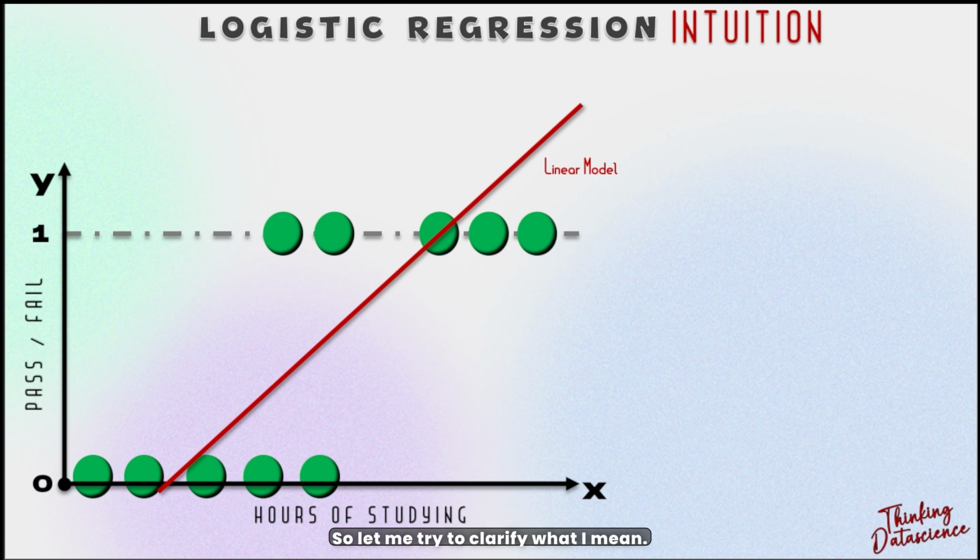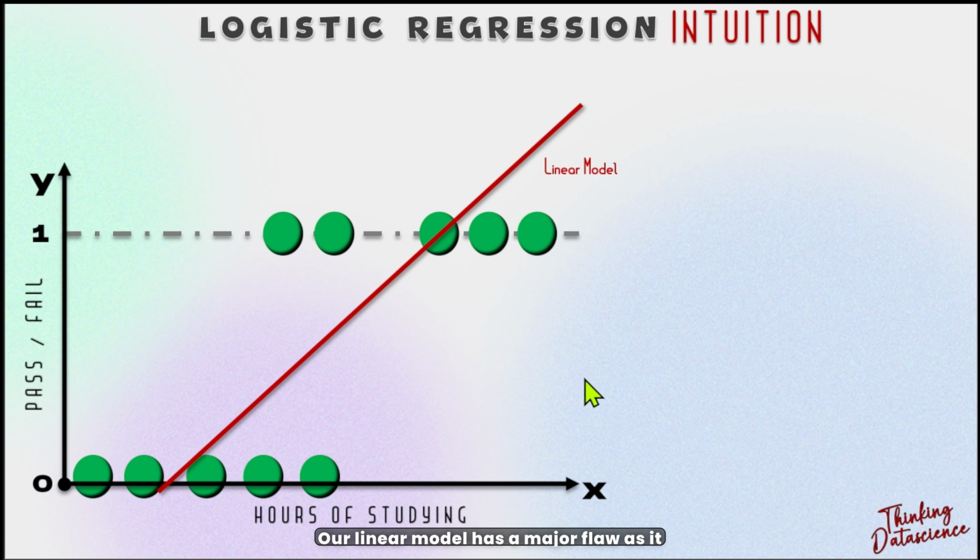Let me try to clarify what I mean. In our system, the output can only be 0 or 1. We do not have any value in between such as 0.5 or 0.7. The continuous nature of such values is not required in our case. So our output is bounded between 0 and 1, which means it is saturated.